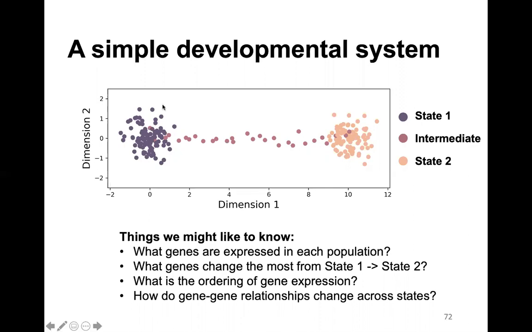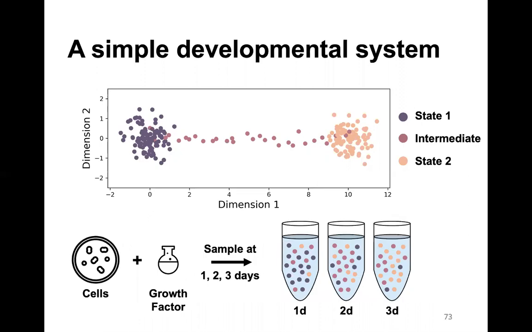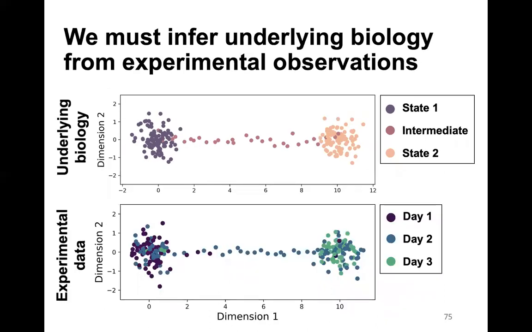What I hope that you understand is that if you wanted to answer these questions, the first thing that you need is an inherent ordering of this developmental process. So you want to order cells from early to late. So you can imagine doing an experiment where you have some cells in growth factor and you measure them at different points in time. Or sometimes you actually don't even have to do that. If this system is naturally distributed across all of these states, you could do this all with just one sample if you knew the beginning and end point.